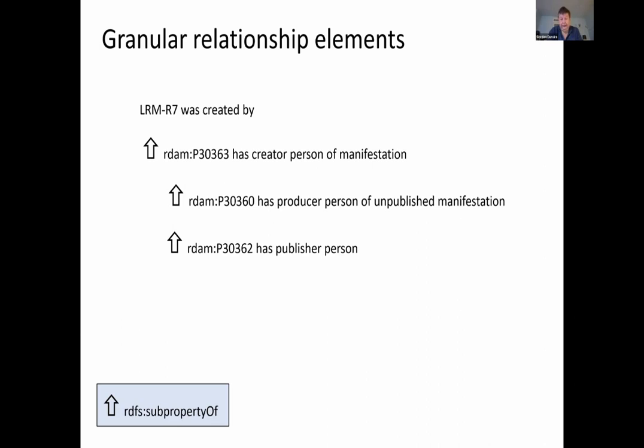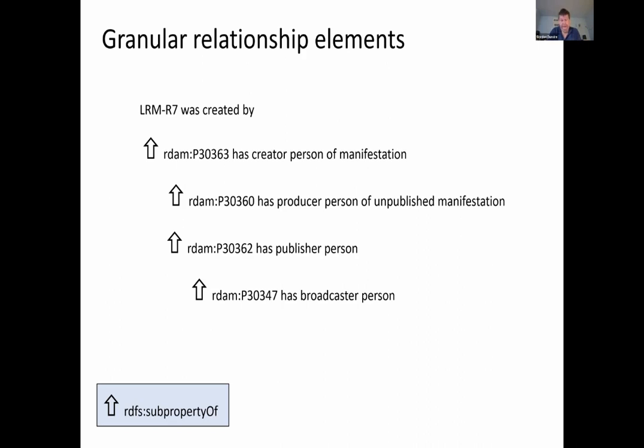So this is clearly an extension of the LRM and is providing much more practical relationships that can be used in real-world metadata. The RDA hierarchy extends down the publisher branch of this particular area and has a specific legacy element, as it turns out, for broadcaster.